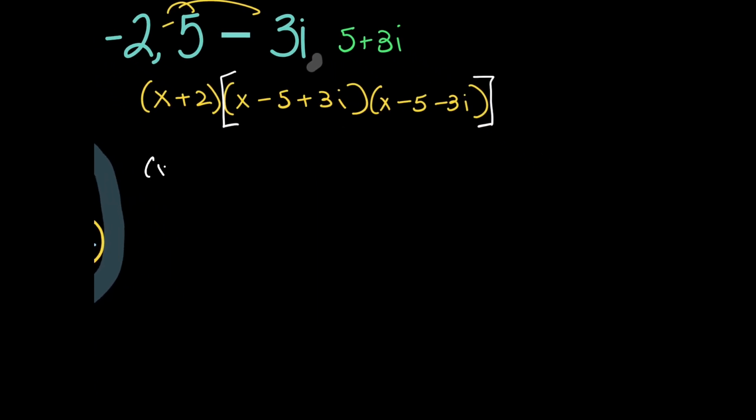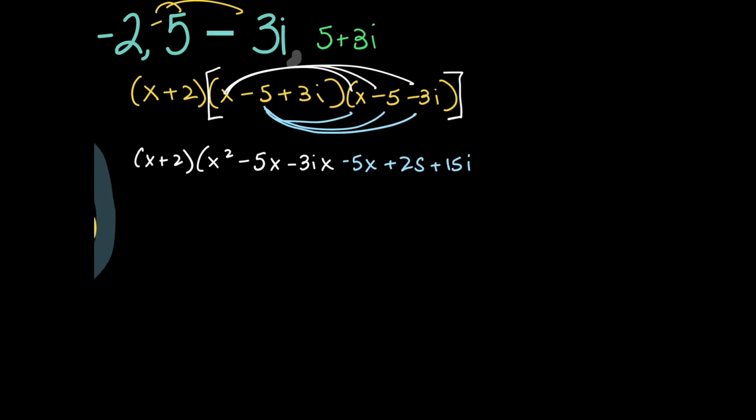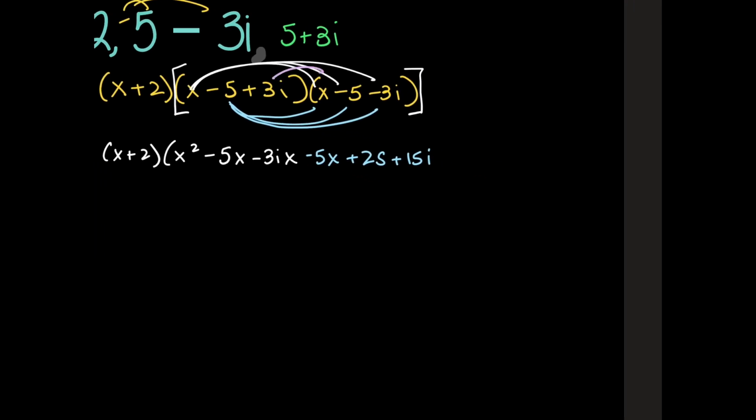So I'm going to get x plus 2, x times x, x times negative 5, x times negative 3i. Then negative 5 times x, negative 5 times negative 5, negative 5 times negative 3i. Then 3i times x.